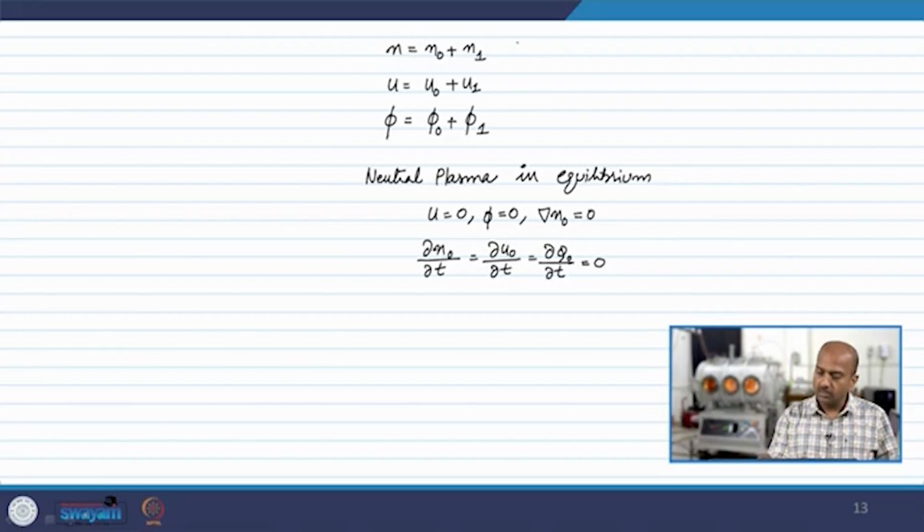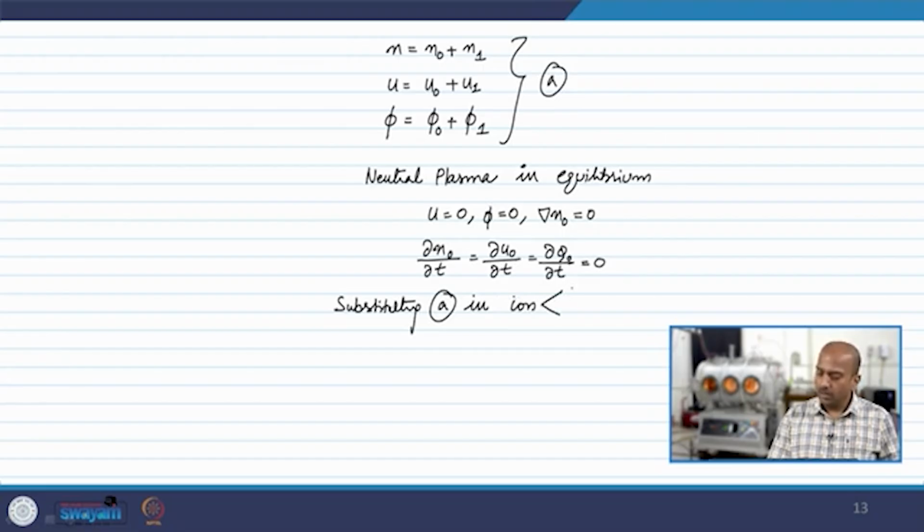Right. So, now substituting these perturbations into the ion momentum equation and the ion continuity equation. Let us call this equation set A, substituting equation set A in the ion momentum and continuity equations.